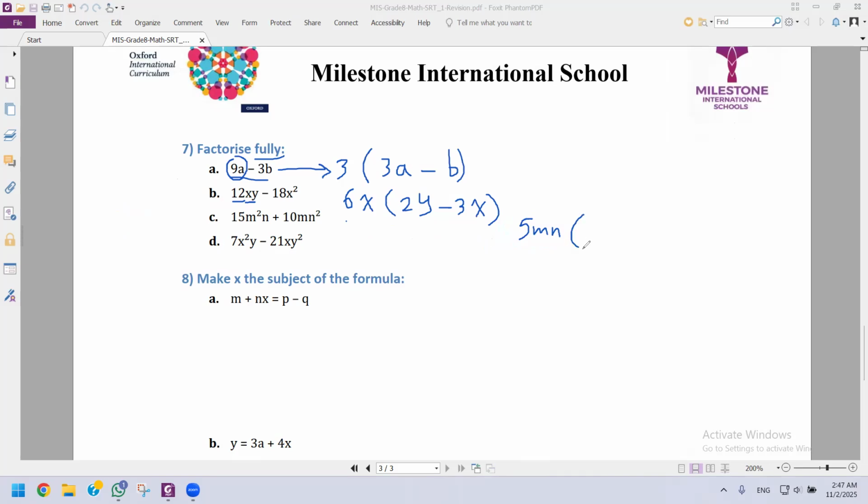Now I open bracket. 15 divided by 5, 3. m squared divided by m, m. n divided by n cancelled, plus 10 divided by 5, 2. m divided by m cancelled. n squared divided by n, it's n.